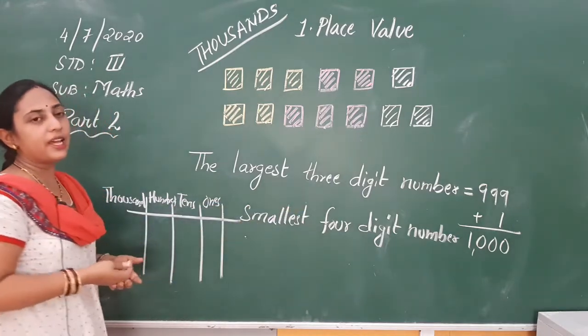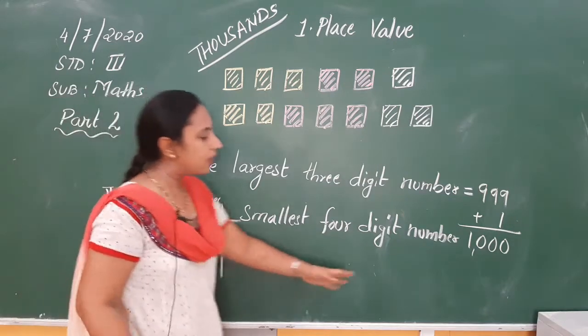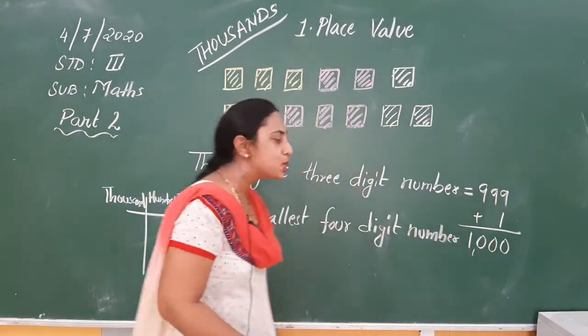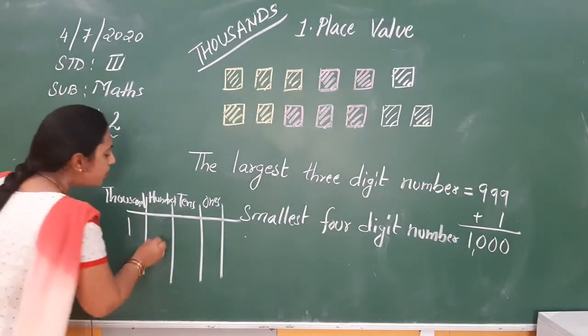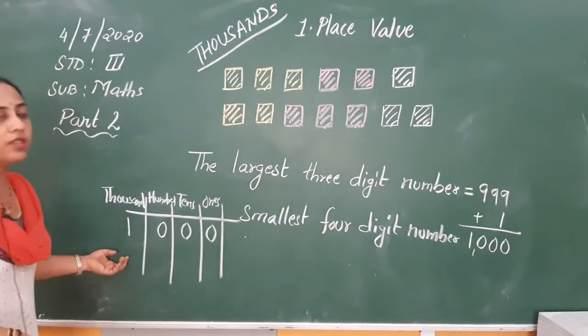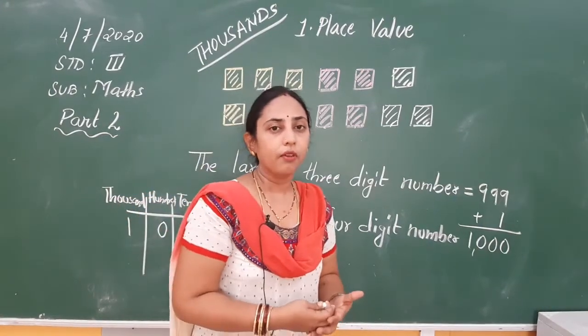How can we place this 1000 in the place value chart? We can see 1, 2, 3, 4. So the 4th digit is 1, so we will put 1 in the thousands place. Then we have 0, 0, 0. So this is the place value chart for 1000.